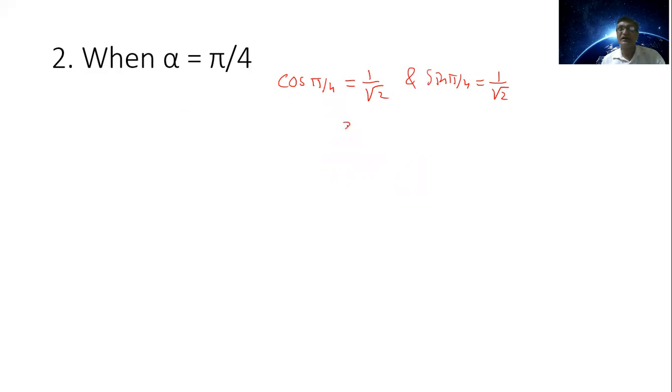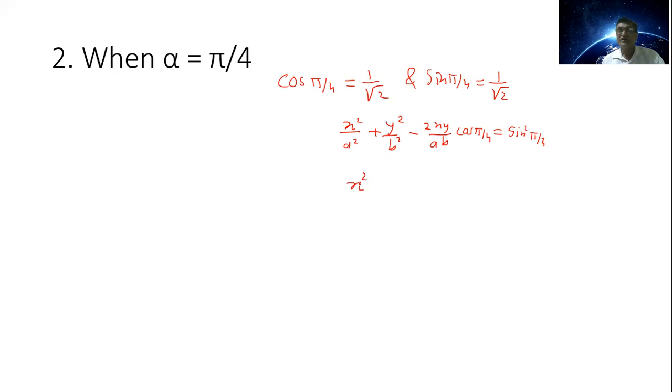That is, we write here x square upon a square plus y square upon b square minus 2xy upon ab into cos pi by 4 is equal to sin square pi by 4.